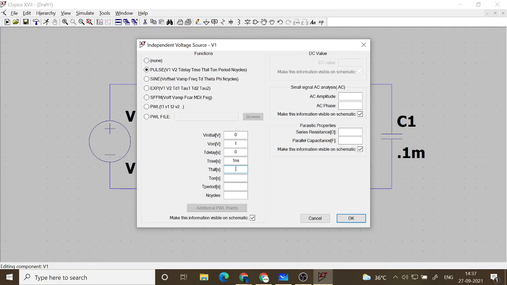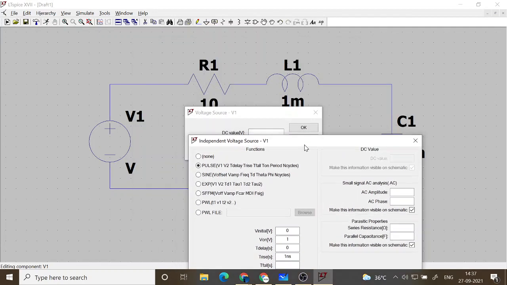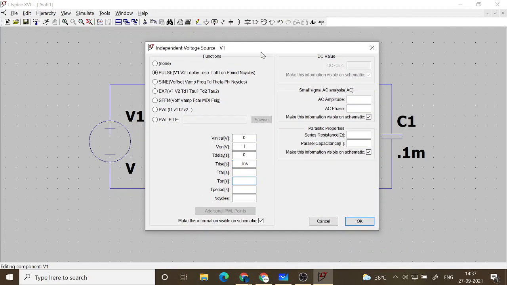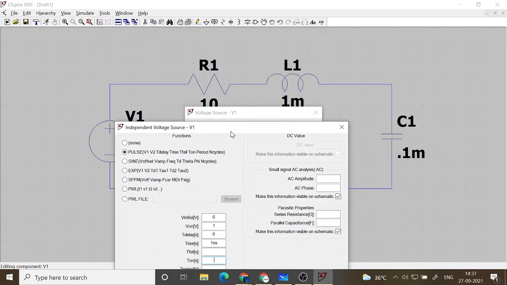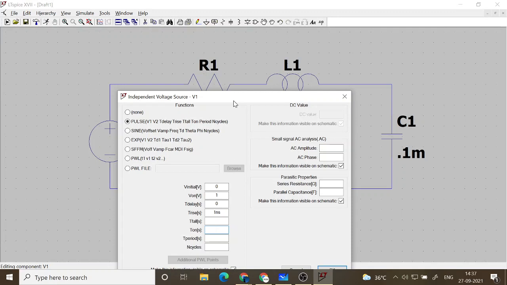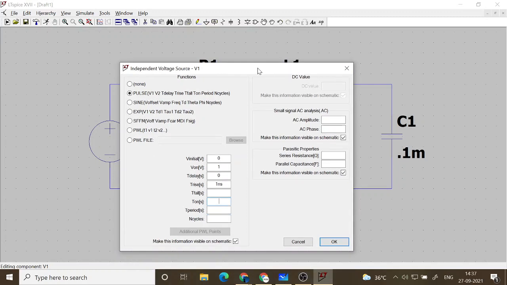Fall time I'm not specifying, because how long it is going to remain depends on the component values, and how long I have to show the simulation. So okay, let us not specify it. Let's see what happens.